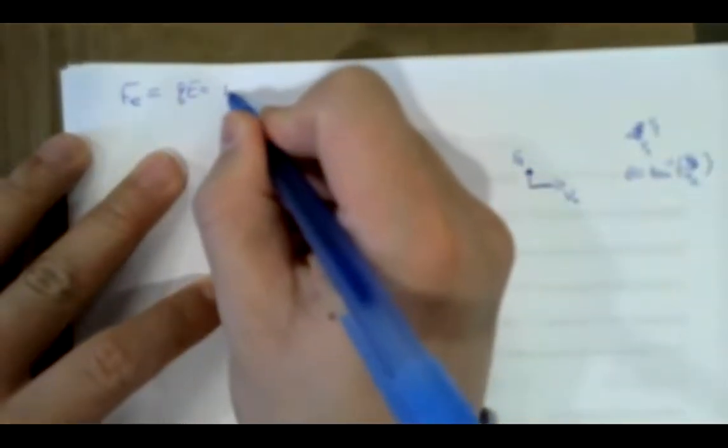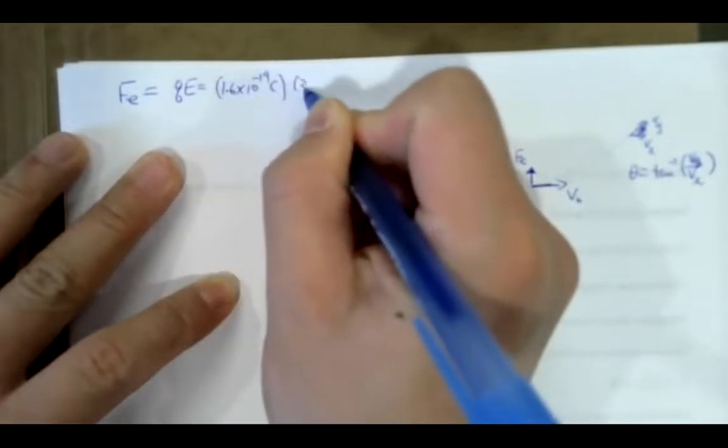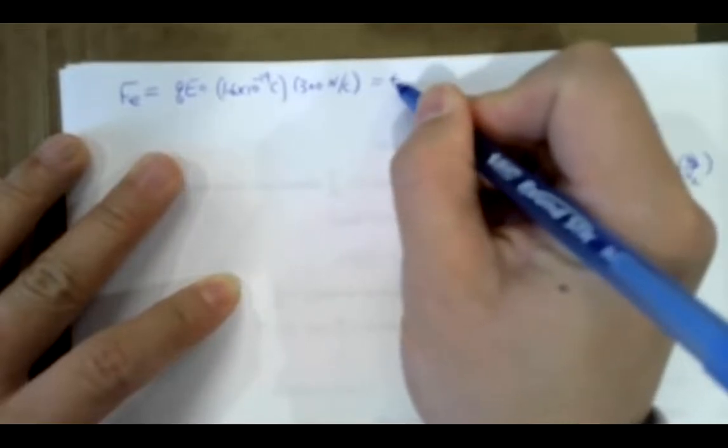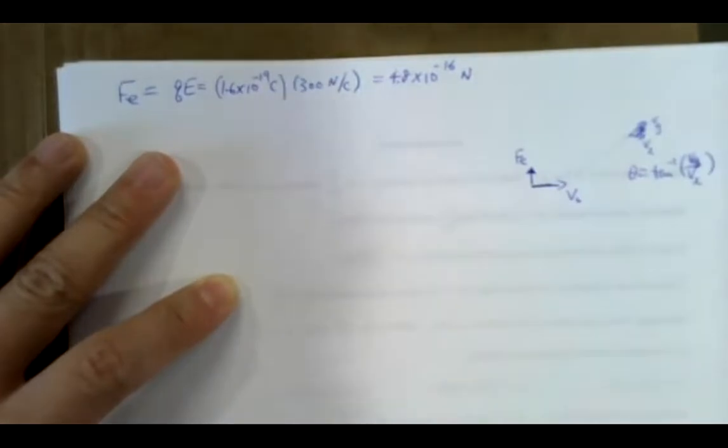In this case, it's 1.6 times 10 to the negative 19 for Q, E is 300, so that gives you 4.8 times 10 to the minus 16 newtons, right?